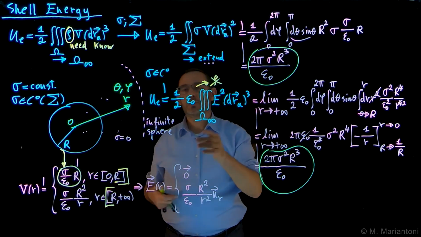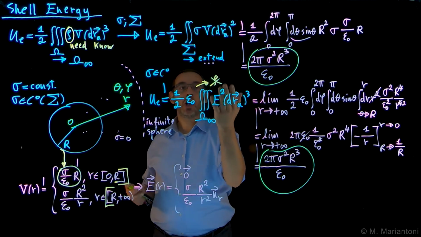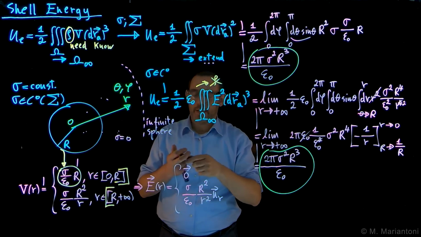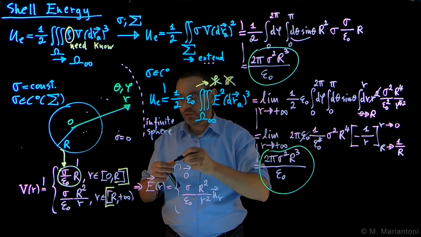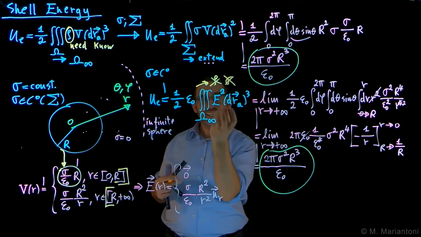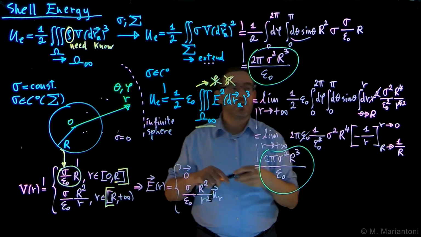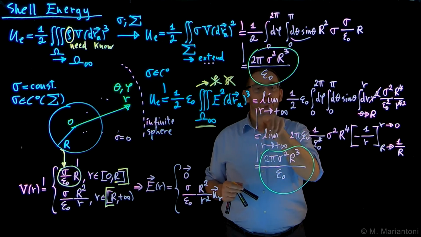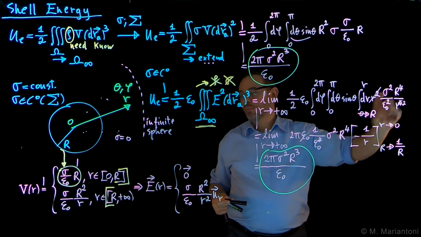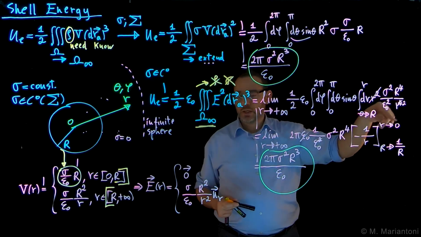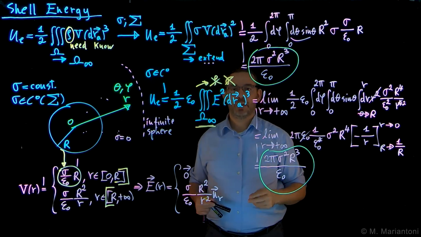Then, since sigma is continuous, we can also use this expression 1/2 epsilon naught E squared, where we forgot our knowledge of sigma. You see, there is no sigma here, it's built in, encoded in E. So in this case, we must extend all the way to capital omega infinite. And so when we do that, this is the limit to infinity over an infinite sphere. We obtain this integral where you need to remember to square the electrostatic field. And this integral gives exactly the same electrostatic energy as expected. That's it.